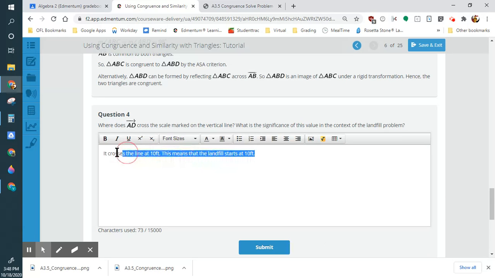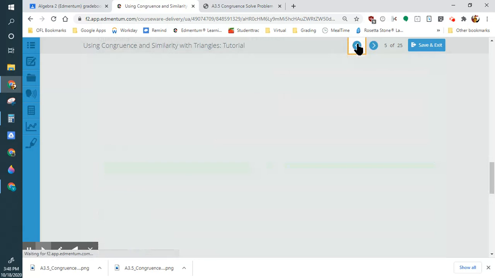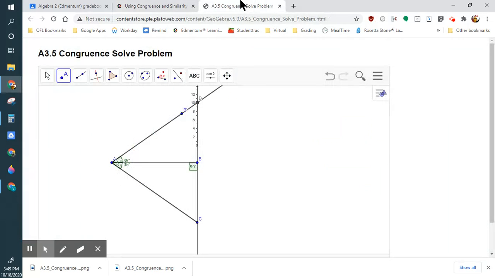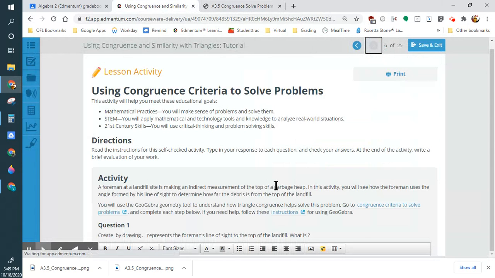So I'm going to copy and paste this because I want to make sure I submitted these, so these are fine. But let me go back here. Oh, the garbage starts there. So this is the ground level, and the garbage is going to start at that 10 feet below. 10 feet below our line of sight. So go back here.